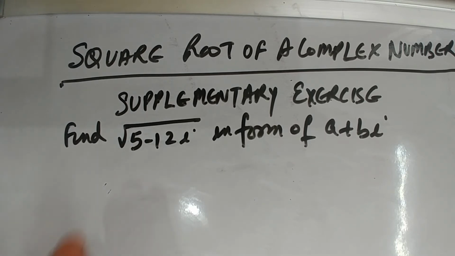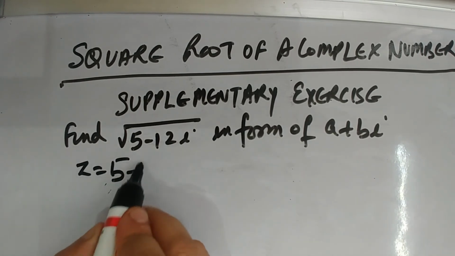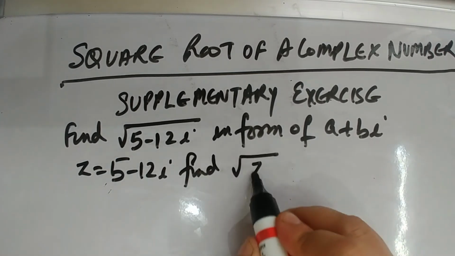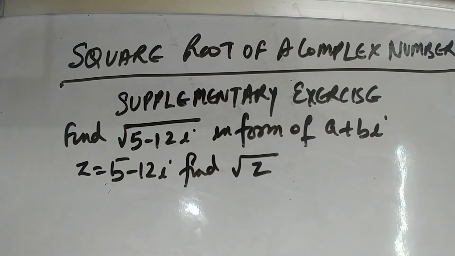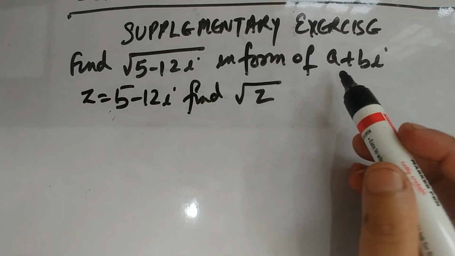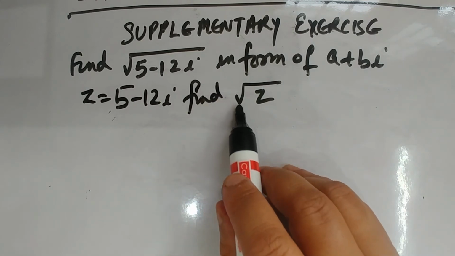Or the question can be: if z is equal to 5 minus 12 iota, find root z, and express it in the form z equal to a plus iota b. That simply means you have to find the square root of the complex number.